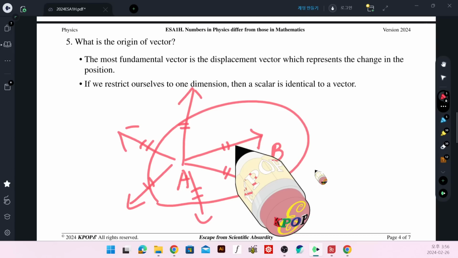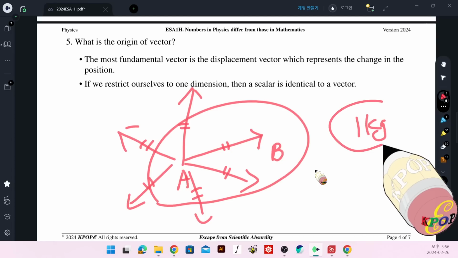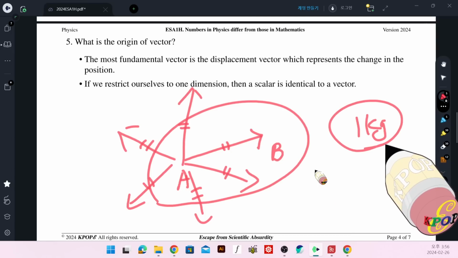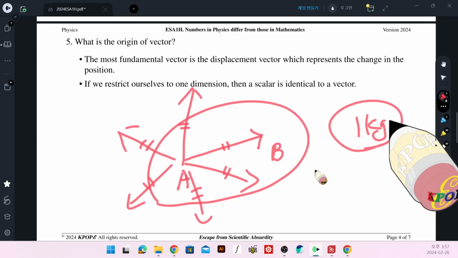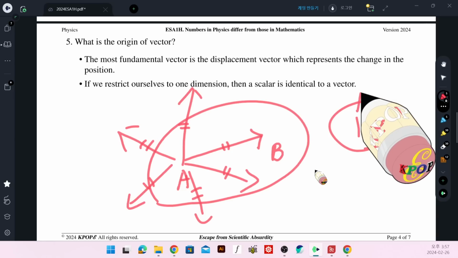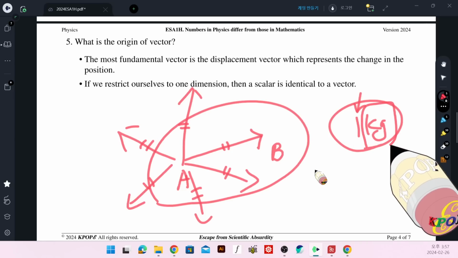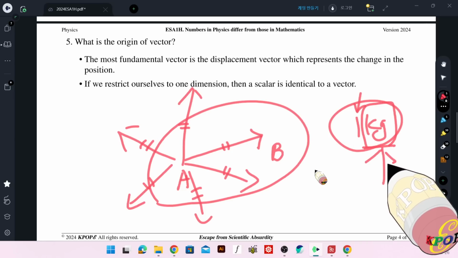So 1 kilogram does not have any directional information, so it is a scalar. It can be expressed as a product of a real number and the corresponding physical unit.